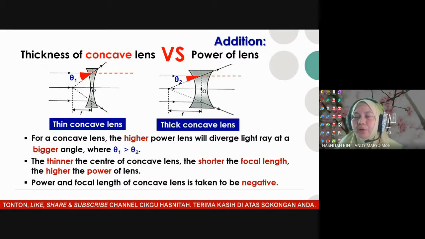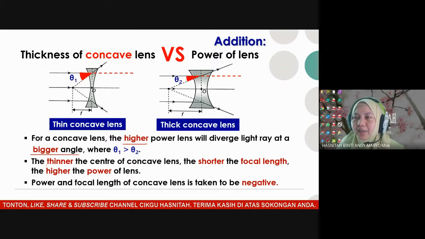So we say for concave lens, the higher power lens will diverge light rays at a bigger angle. It means a thinner concave lens has a higher power compared to a thicker concave lens.